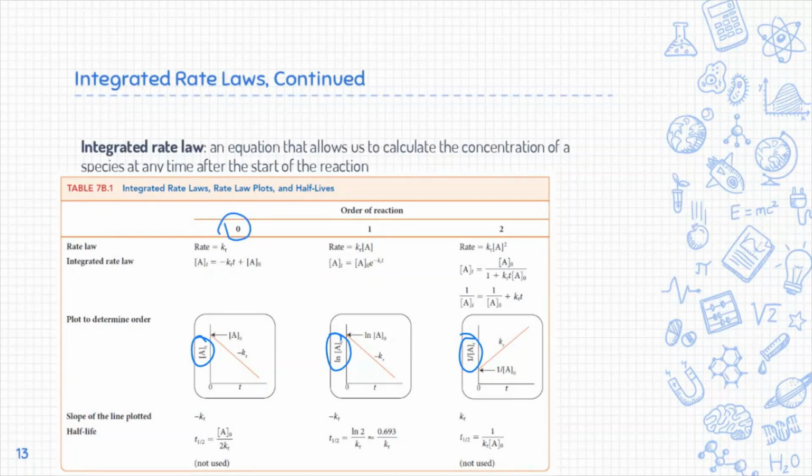If it's a natural log of concentration versus time and it's linear, then it's first order. Same business with second order. But basically, we know this because if this is y, if this is x, then this is the slope. And the same case for here.